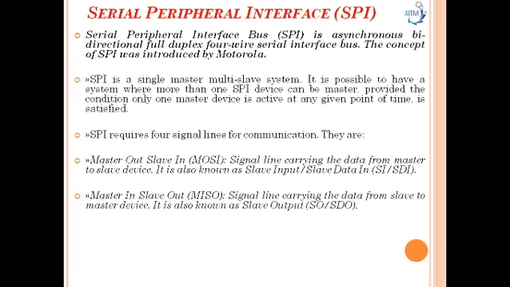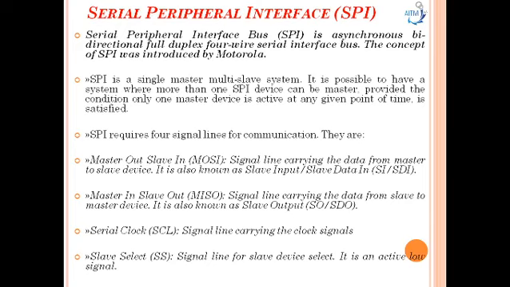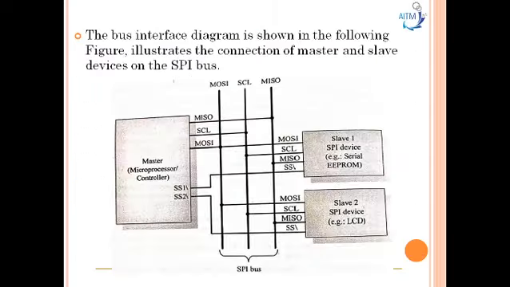This signal line carries the data from the slave to the master device. It is also known as the slave data out line. The next signal line is the serial clock, which carries the clock signals. Then the fourth one is slave select, the signal line for selecting the slave devices, and it is an active low signal.